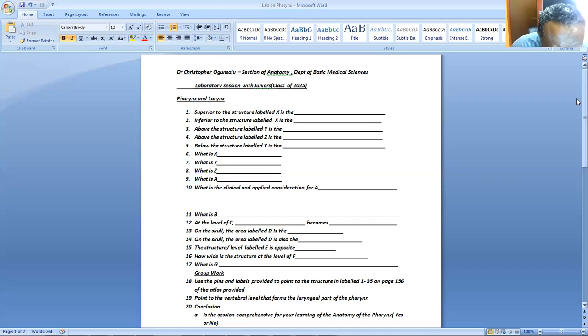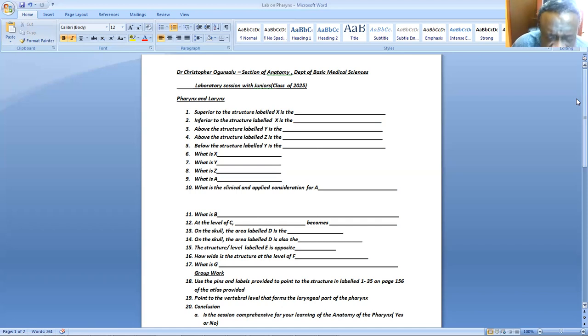And then how wide is the structure at the level of F? So remember that there was a slide in which I told you the dimension, the width of the pharynx. So at the uppermost part, it is so amount in range, and then the lowermost part, it is so.